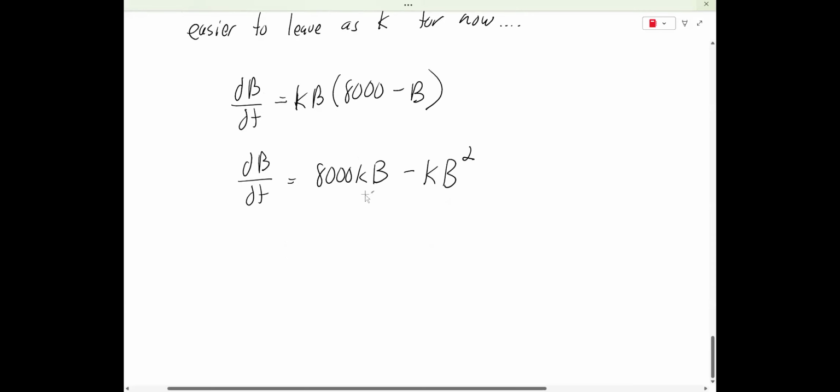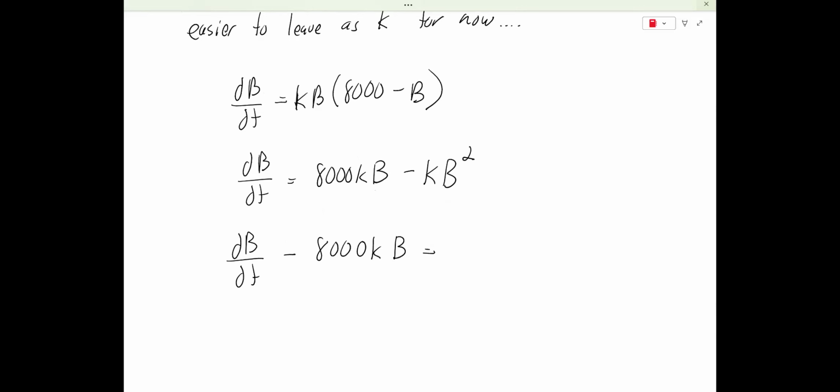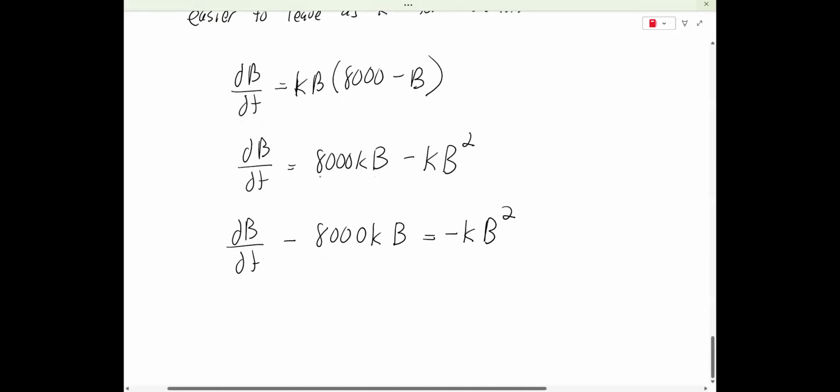Now if I take this term and move it over to the left side, I get dB dt minus 8,000 KB is equal to negative KB squared. I took one term, moved it over, and then the other term stays on the right side.